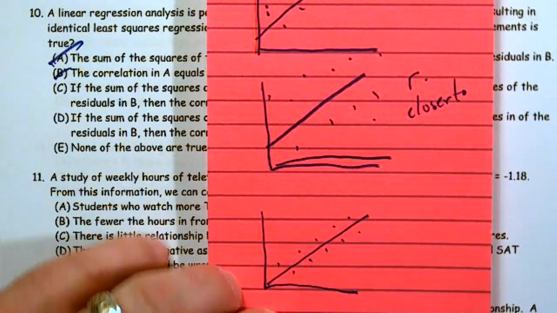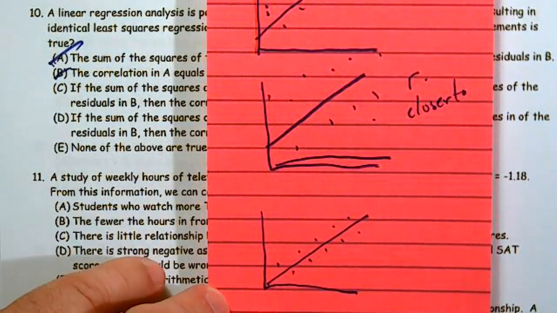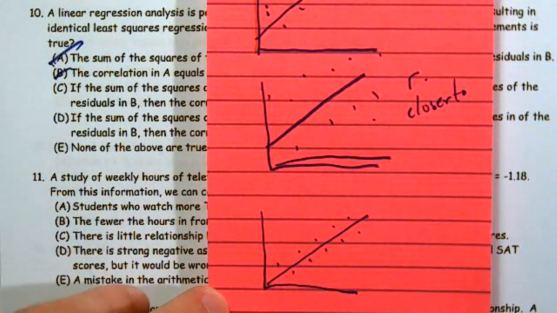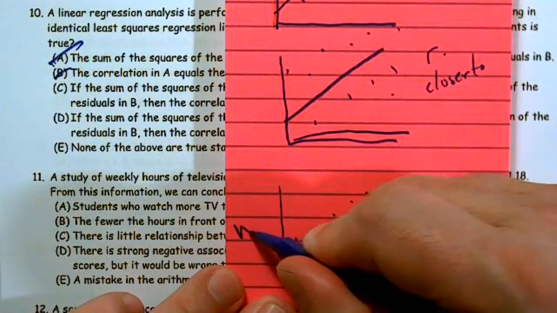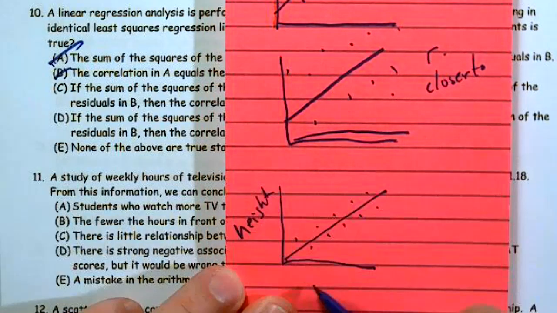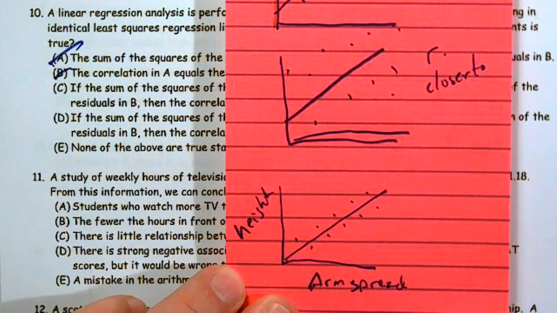And it happens to be, I don't know, arm spread versus height. So if I want to predict height versus arm spread, I end up getting a pretty nice graph that looks like that. Now let's just say this was measured in inches.